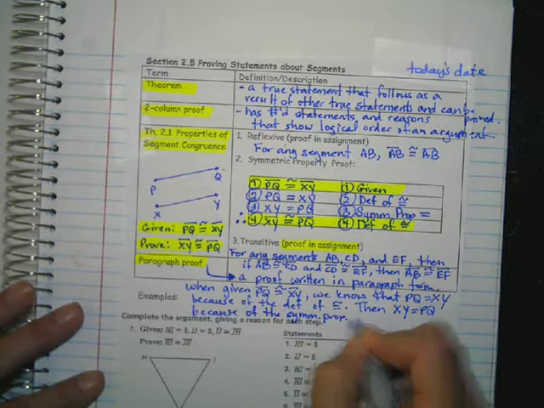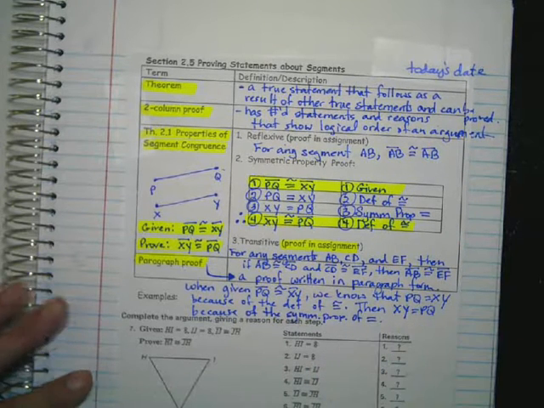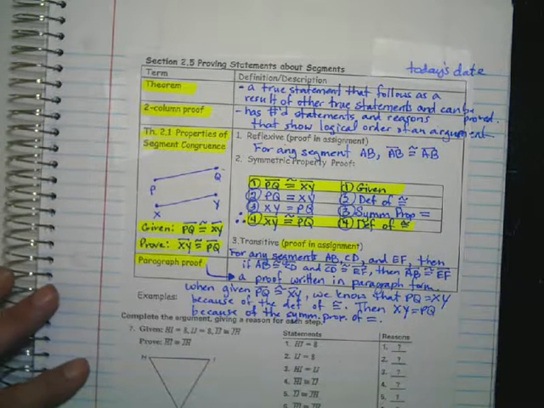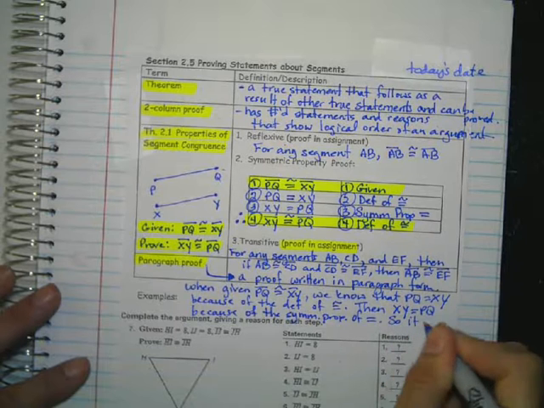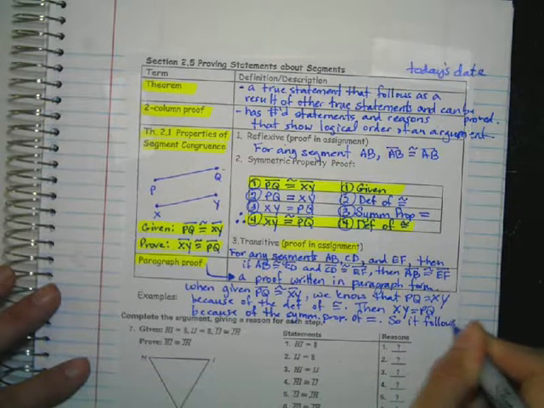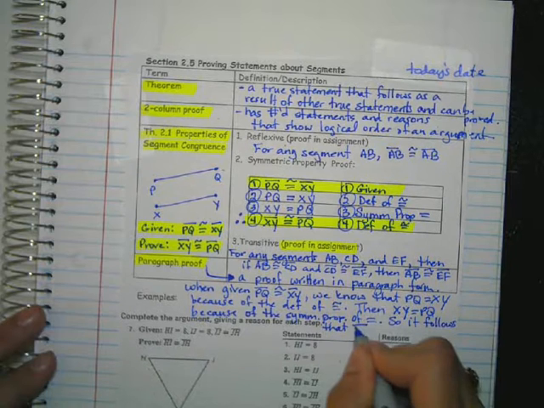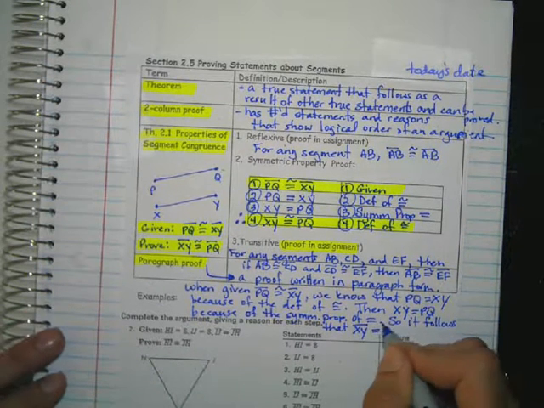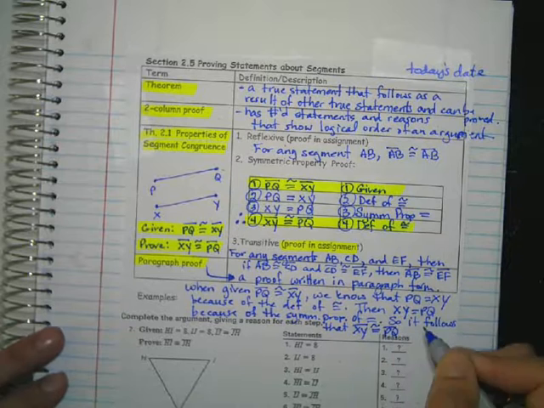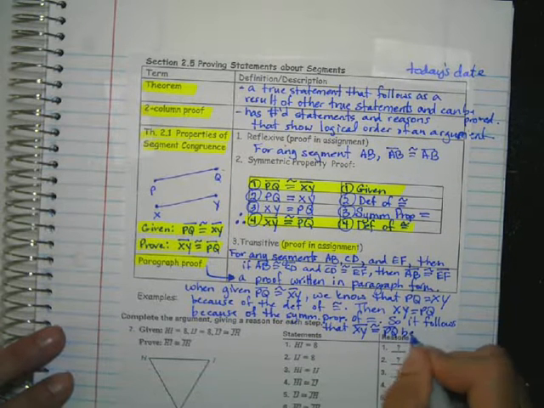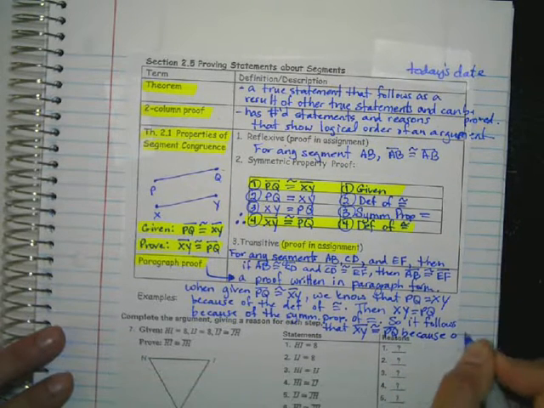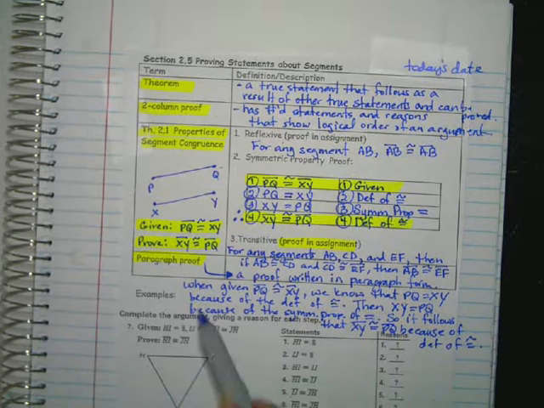So it follows that XY is congruent to PQ because of the definition of congruence. Sorry about that. That was a mess. You can see how it just takes a lot more words to write a paragraph proof out, but you basically say the exact same thing you said up here, you just write it as a paragraph.